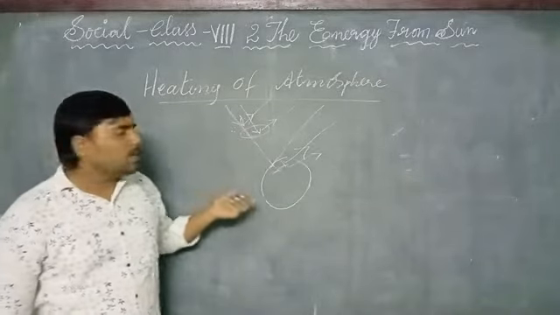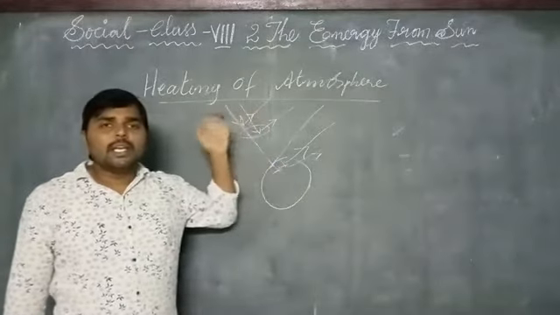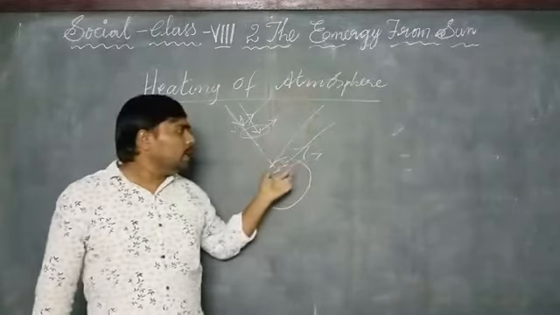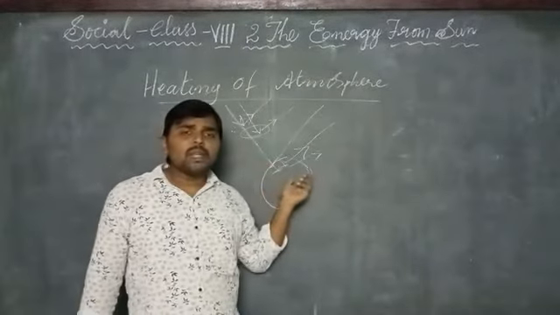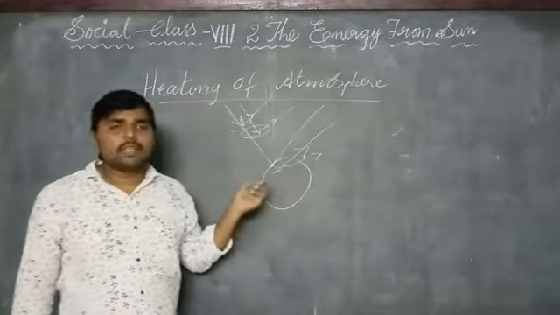About 1/3 of the solar energy is reflected by the atmosphere, and only the remaining 2/3 of the solar energy reaches the surface of the earth.